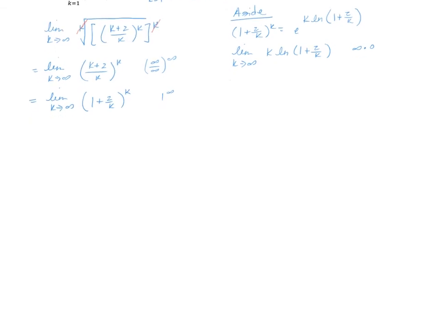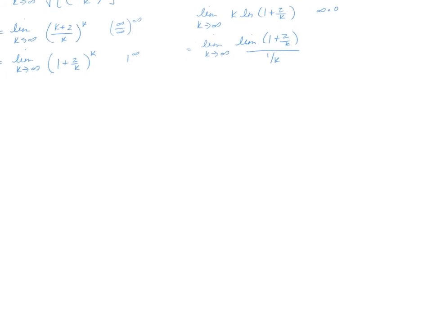Indeterminate form, but it tells me that I could rewrite this as a fraction by dropping the k into the denominator as 1 over k. Now when I take the limit as k goes to infinity, this is simply 0 over 0, and I can use L'Hopital's. So by L'Hopital's, I would take the derivative of the top and the bottom.